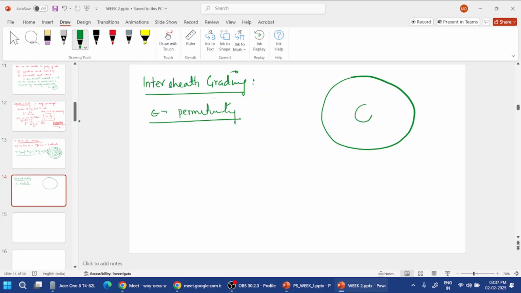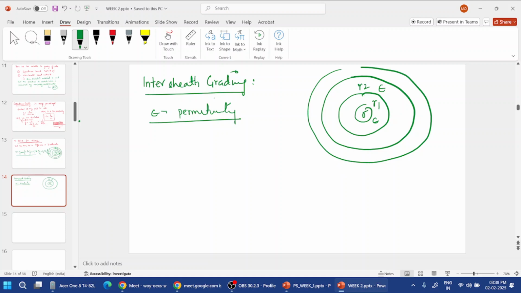So basically this is r. This one will be R1, but the permittivity will be epsilon. This is R2, permittivity epsilon, and this is capital R, the permittivity will be the same epsilon. So basically how we are going to maintain this is by using an auxiliary transformer.